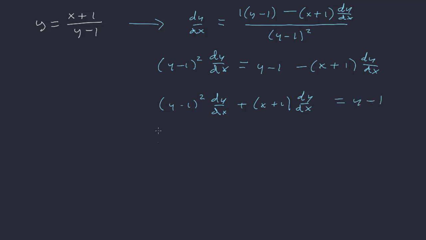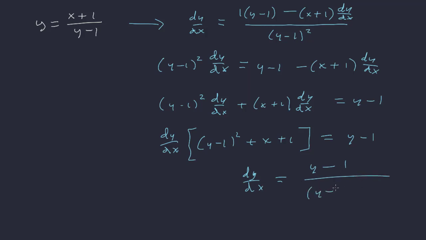We factor out the dy dx, being very careful about how we write things. So we'll have y minus 1 squared plus x plus 1 is equal to y minus 1, and then we can divide the whole thing over. So that dy dx is equal to y minus 1 all over y minus 1 squared plus x plus 1. And there we go.